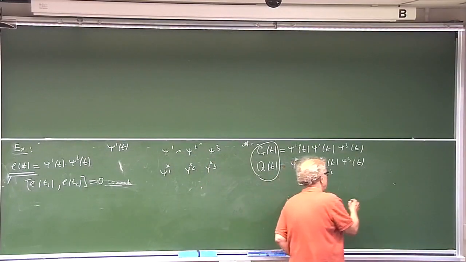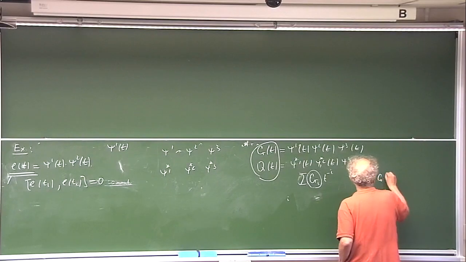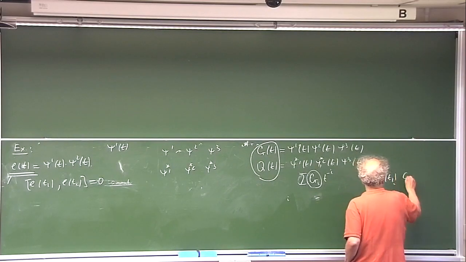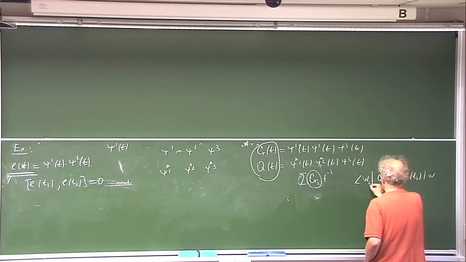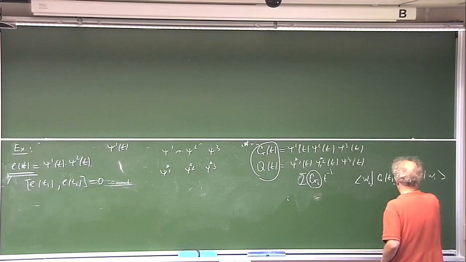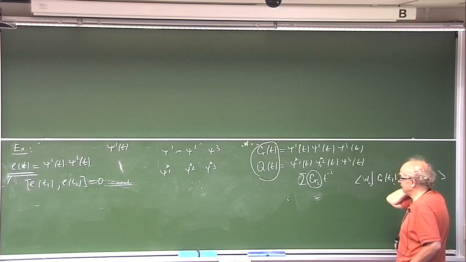So in this case, I can take W and write down here G(t1) and G(t2), and here it is like this, and here it's like this, C2 and CP1. Again, I expect some structure of this matrix element.